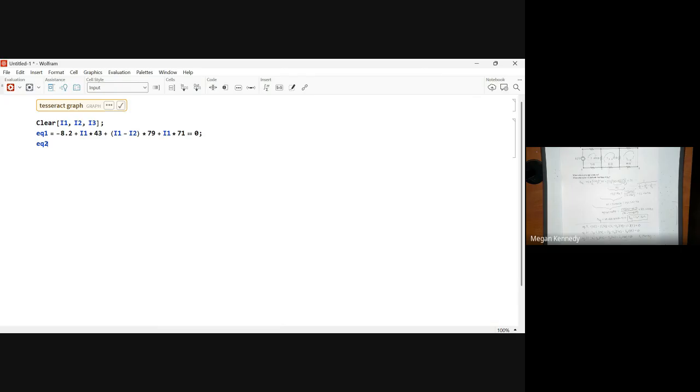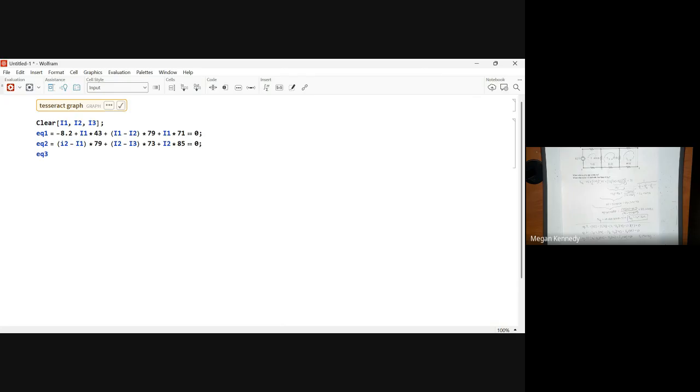So now we look at equation 2. Type that in. 2 minus 1 times 9 plus 32 plus 5 times 3 plus 5.